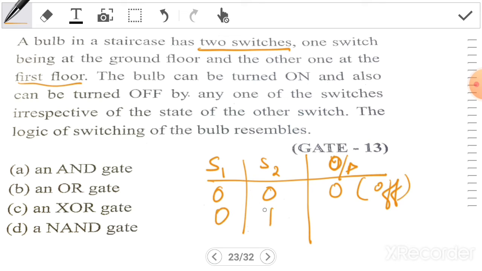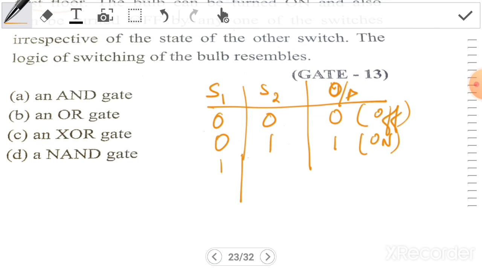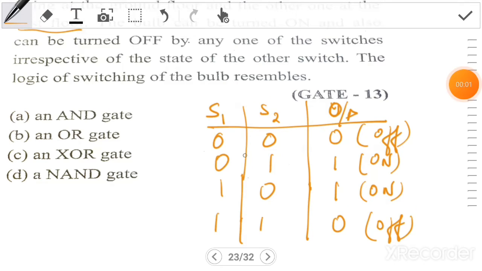If S2 is 1, output should be on. Again 1, 0, again on, and if both are 1, then bulb is off. So this truth table matches the truth table of XOR gate. So XOR gate is the answer. So next question.